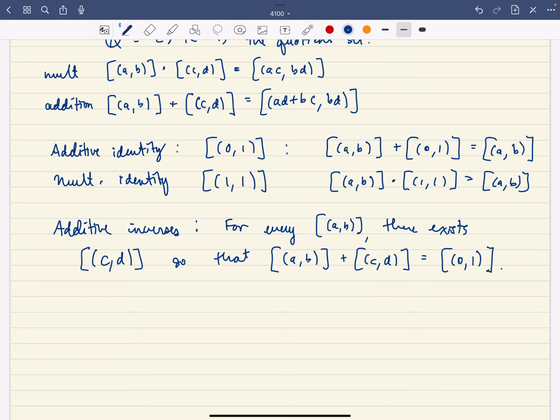So for every value (A,B), there exists a value (C,D) with this property.